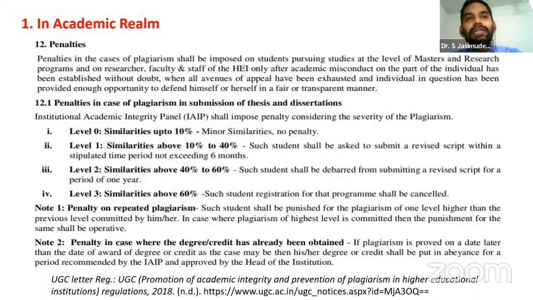I will explain it later. We often refer to them as the same, plagiarism and similarity, but similarity is something else. You can have up to 10% similarity in your manuscript or thesis while submitting to institutions or journals, and up to 10% similarity, no penalty is given.